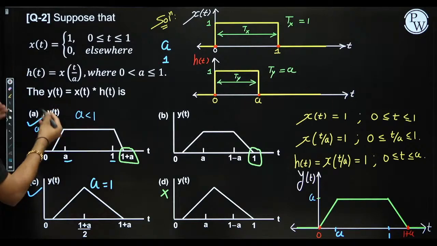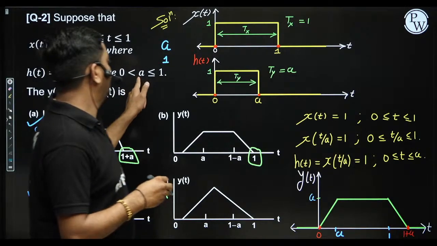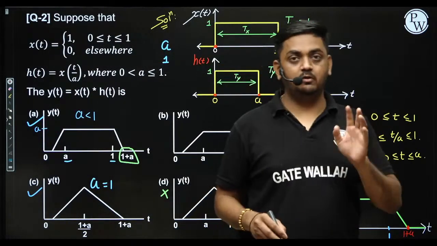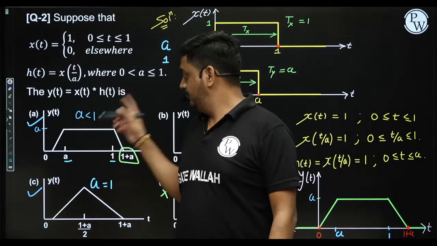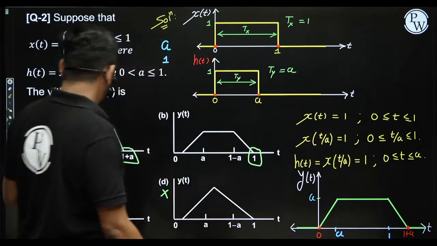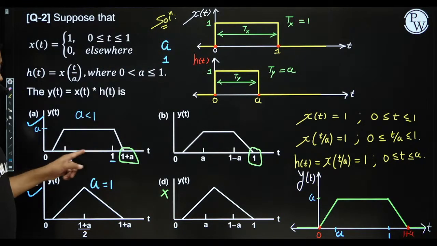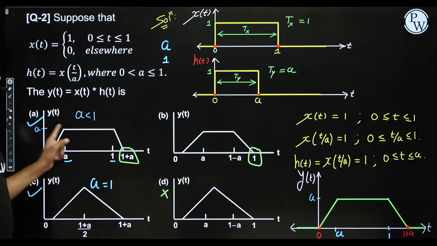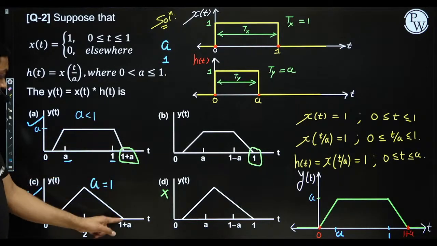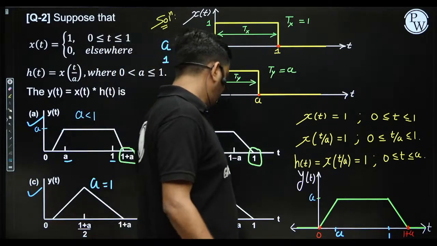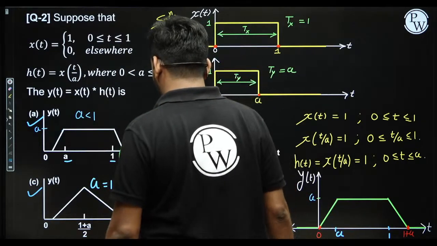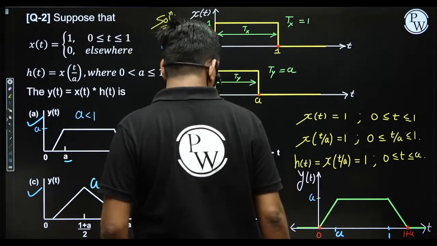So both A and C are correct here because they are writing a less than or equal to 1. If it is less than 1, then option A is correct. And if a equal to 1, then this point and this point will be the same, and this will be 1 plus a, guys, that is the same. So option C is also possible, but let me check once.